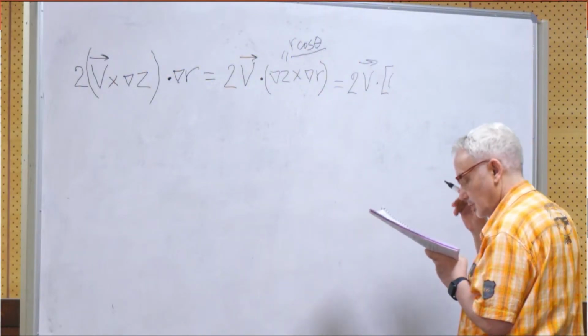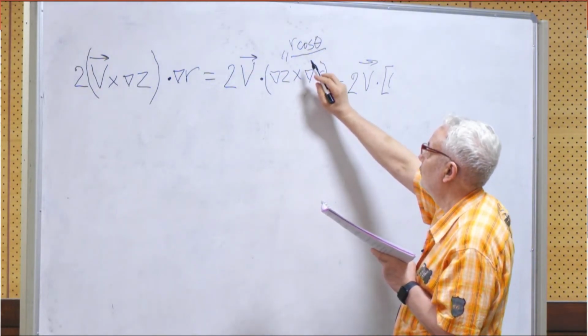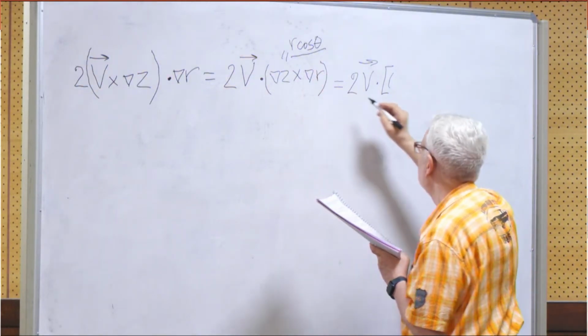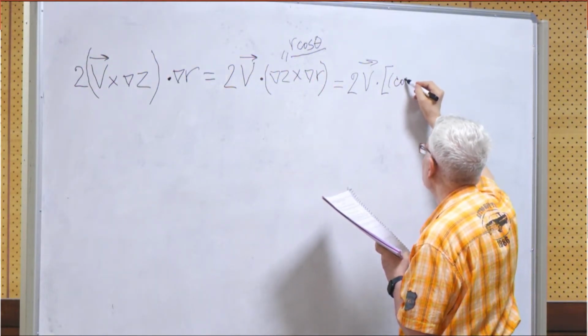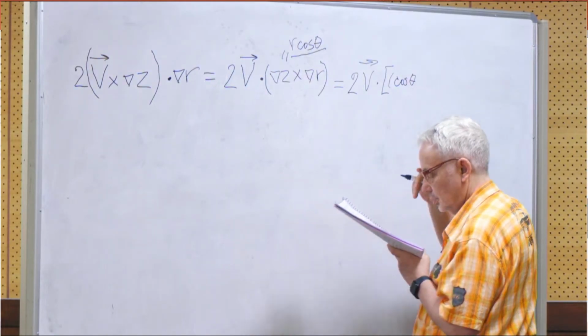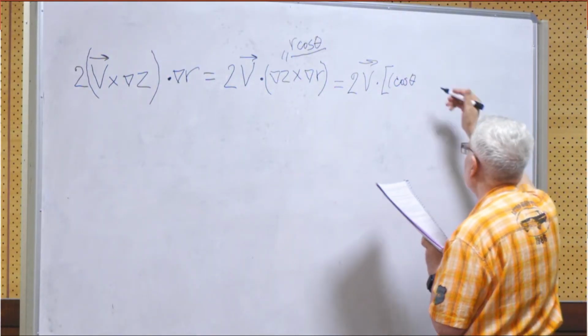So after acting with the gradient on r cosine theta, we obviously obtain cosine theta gradient r.